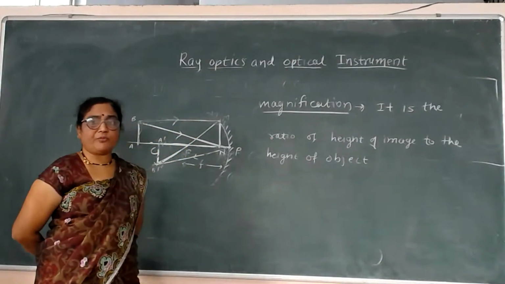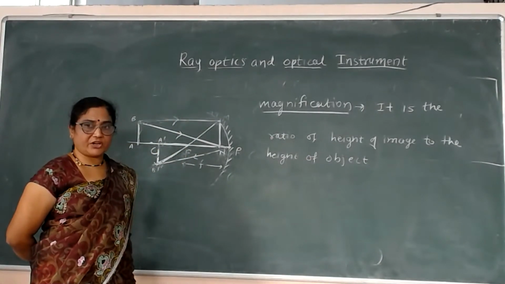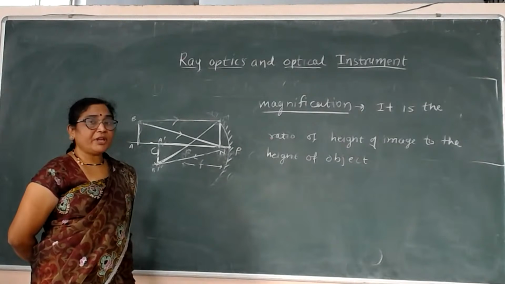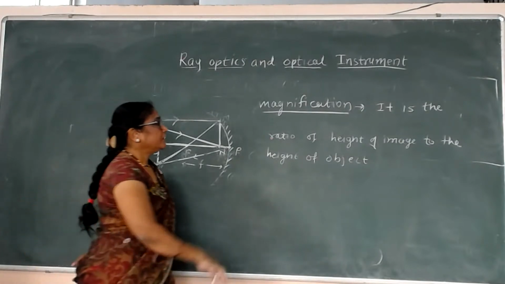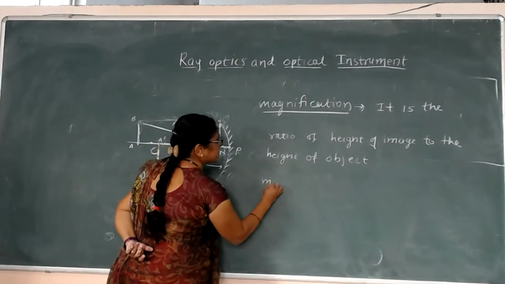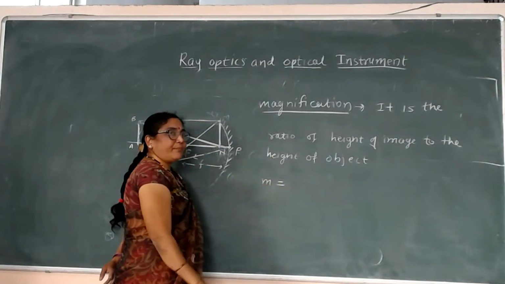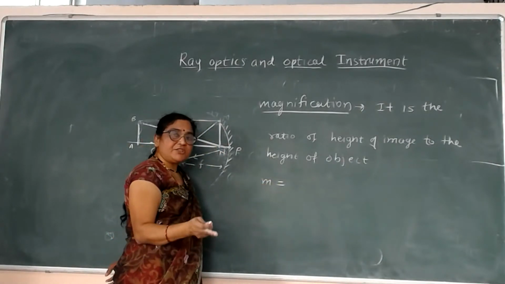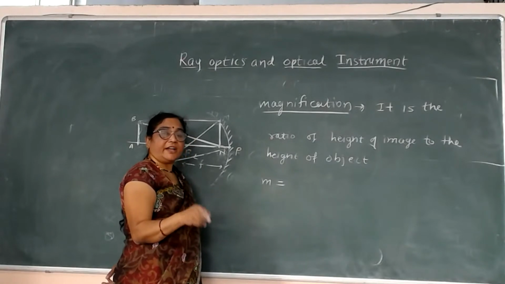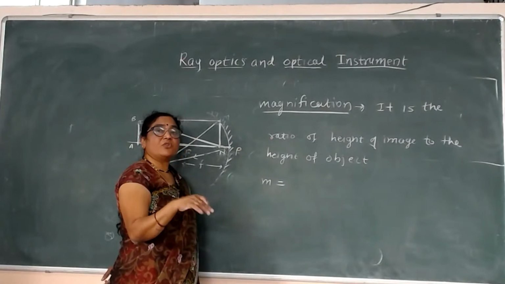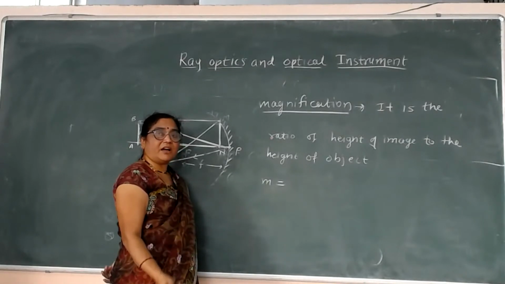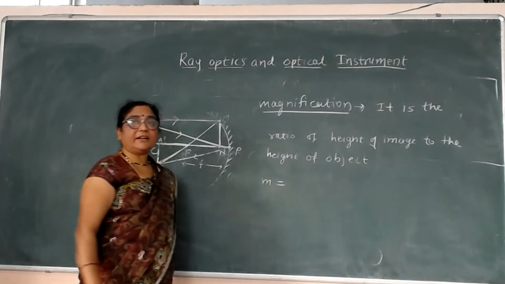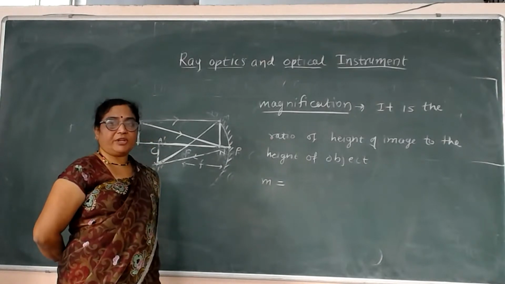When the image formation happens, the image changes in size. When the image height is more than the height of the object, that image is known as magnified. And when the height of the image is less than the height of the object, that image is said to be diminished.